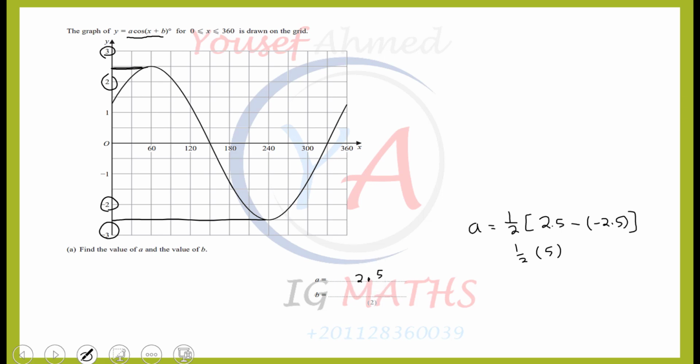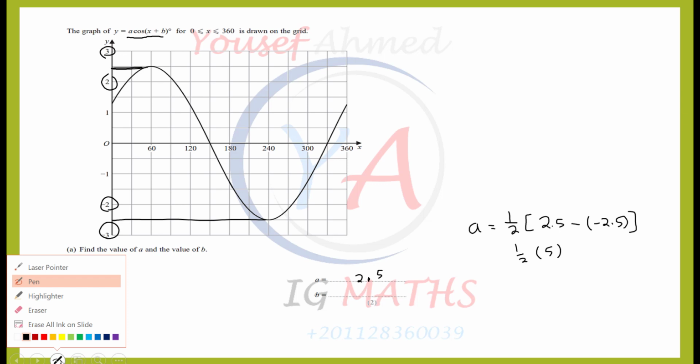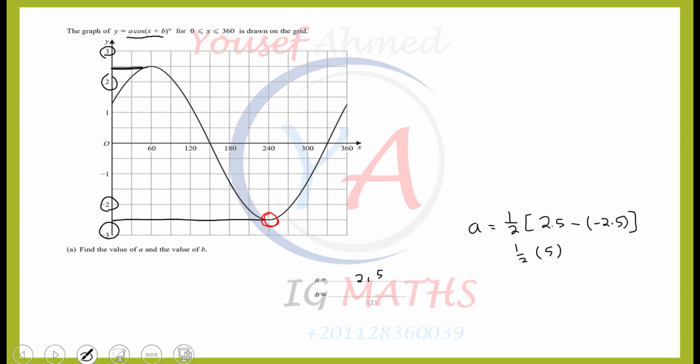And for b, it is just a horizontal translation. You need to compare an original point on the original curve of the cosine with one of the new points here. Let's take this one. The minimum here is at 240 and negative 2.5.